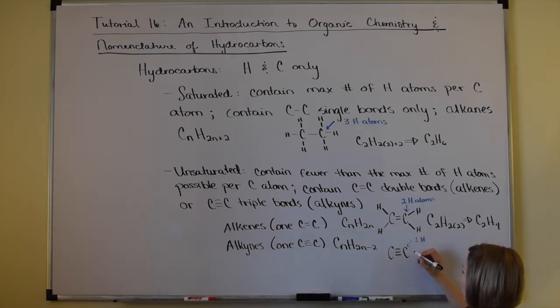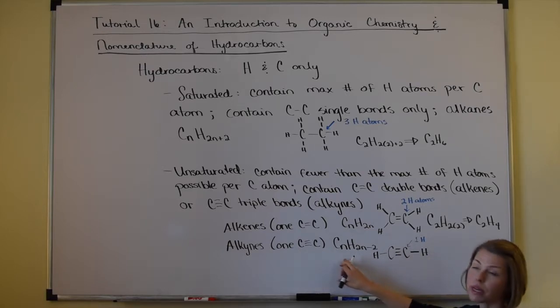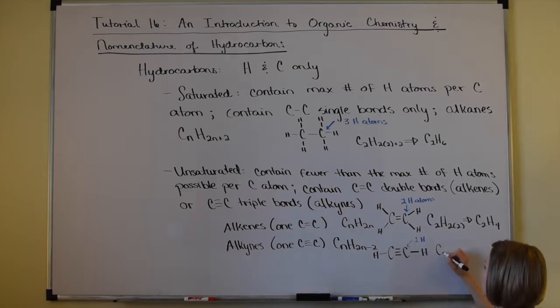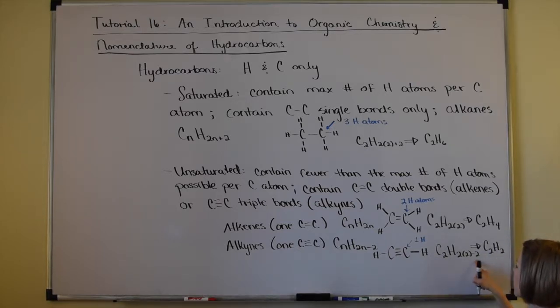Okay, so I'm going to go ahead and draw that in here. It's going to be the same thing on the other side. Okay, so again, n is equal to 2 in the example we're using here. So C2, H is going to be 2 times 2 minus 2. Or in other words, our molecular formula for this compound is C2H2. 4 minus 2 is 2. Okay.